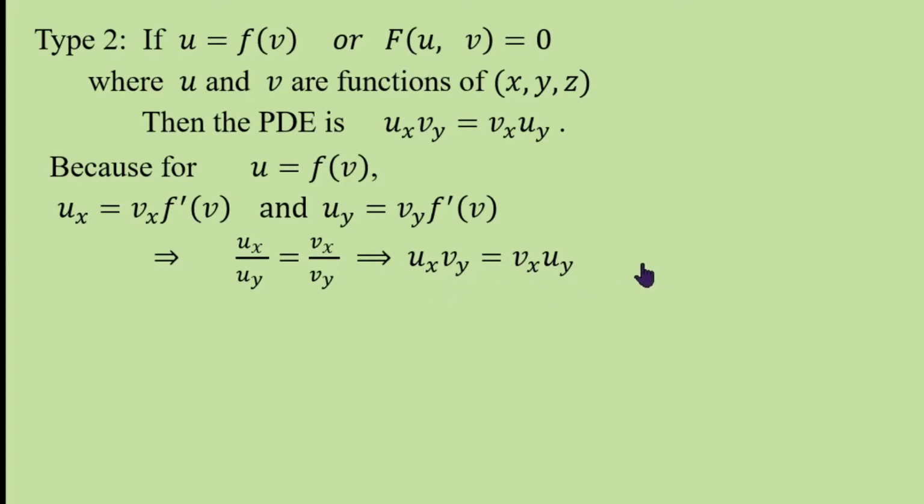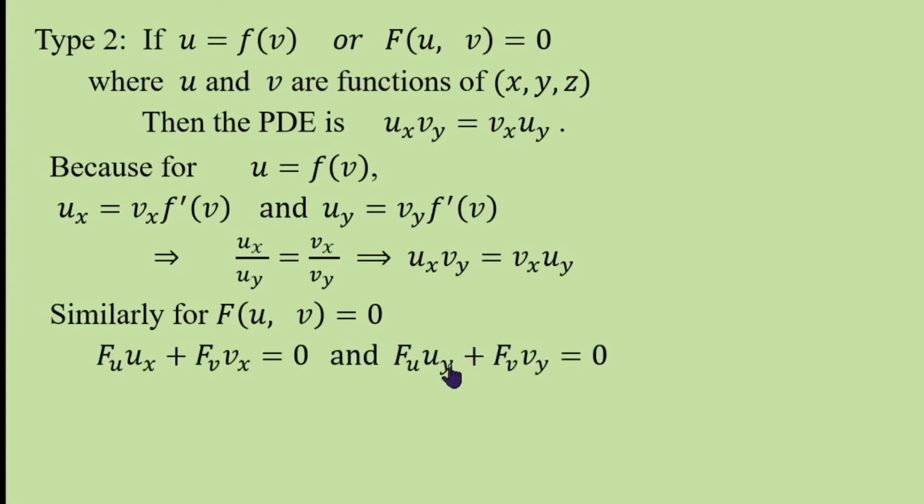And similarly, if the equation is given like this, f of u comma v equal to 0, then when you differentiate partially with respect to x, differentiate f partially with respect to u and u partially with respect to x, plus differentiate f partially with respect to v and v partially with respect to x, that is equal to 0. Similarly, when you differentiate partially with respect to y, fu uy plus fv vy equal to 0.